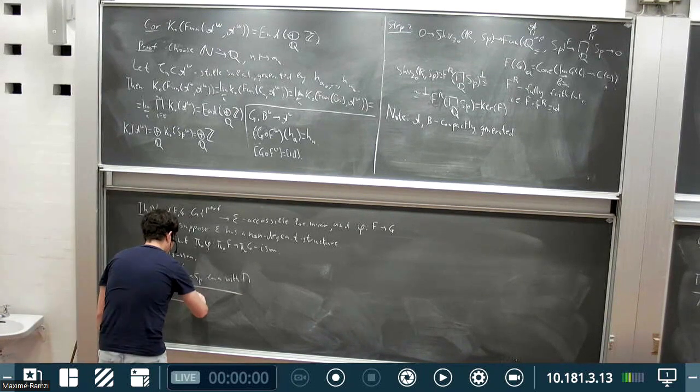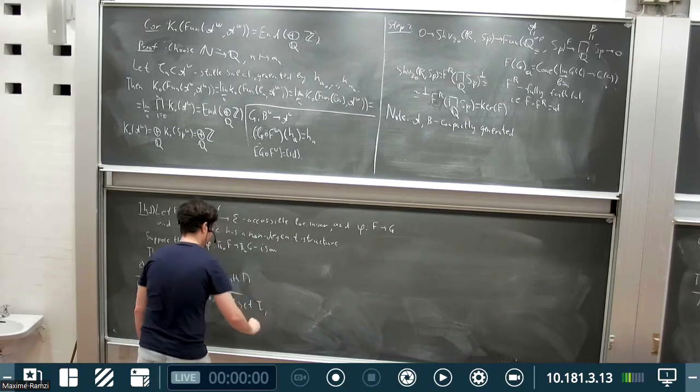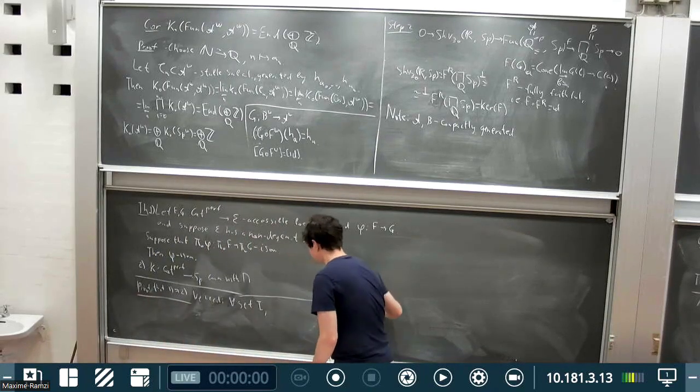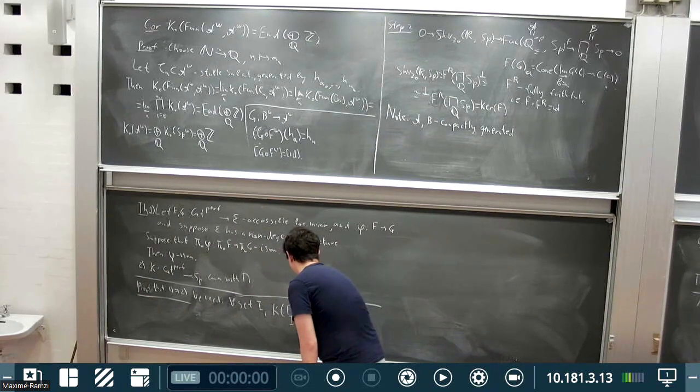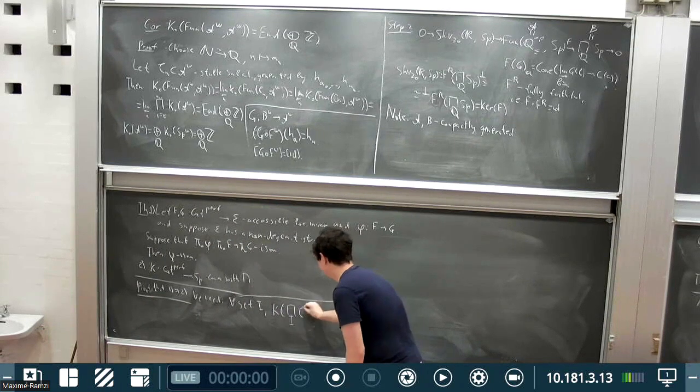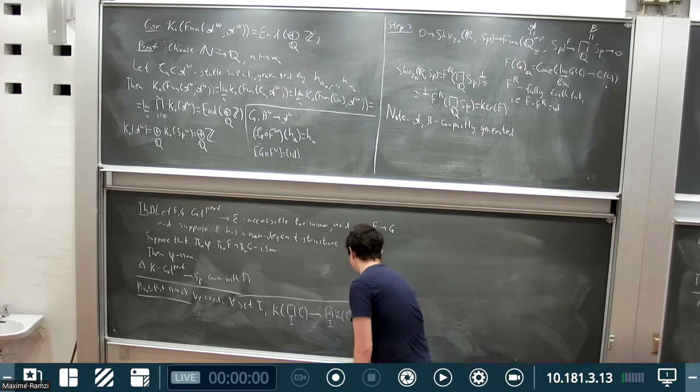So we need, for any set I, the map from K-theory of the product of copies of I of some small category C to the product of copies over I of K-theory of C. This is an isomorphism.